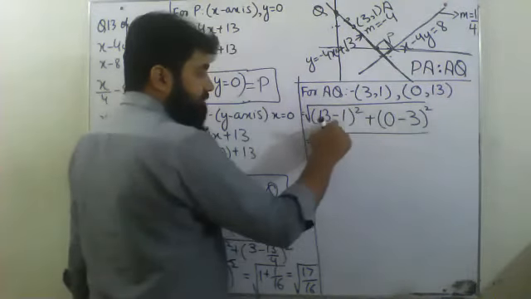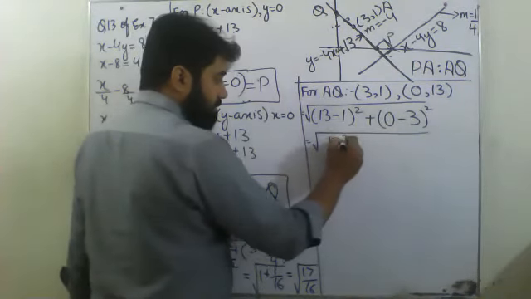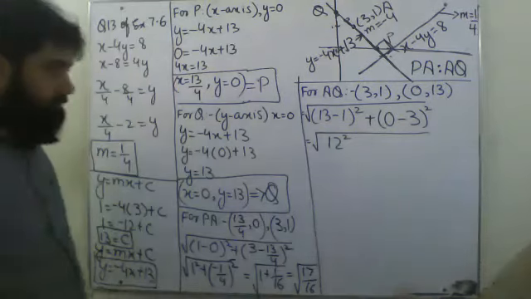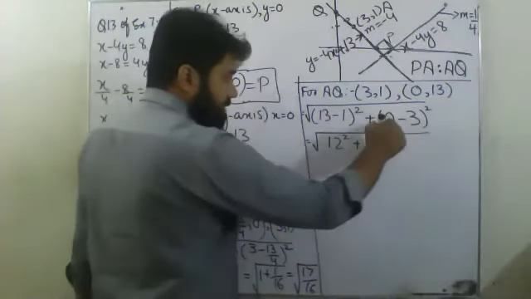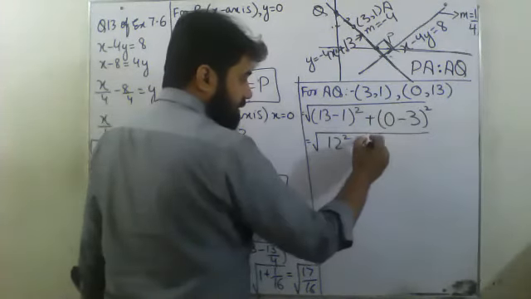Now 13 minus 1, 12 square, plus 0 minus 3 will be minus 3 square.